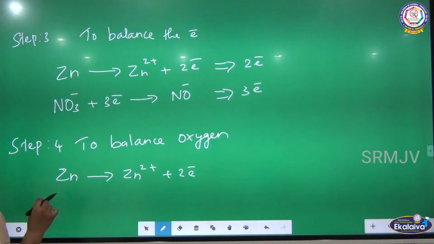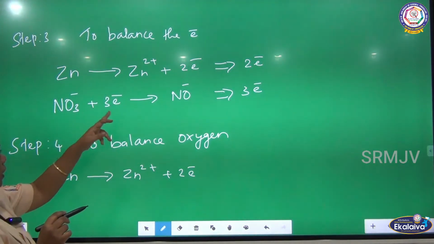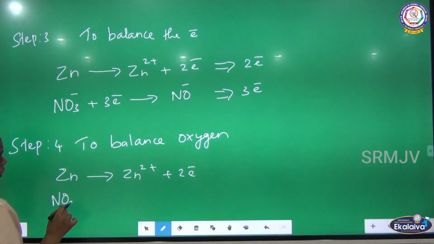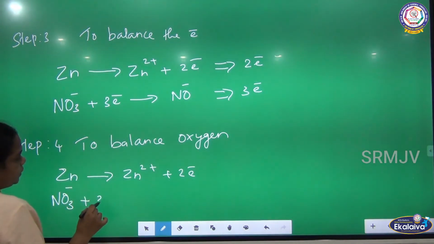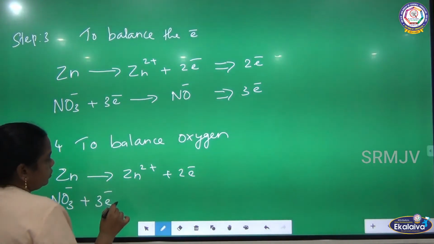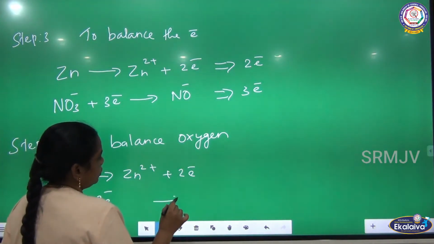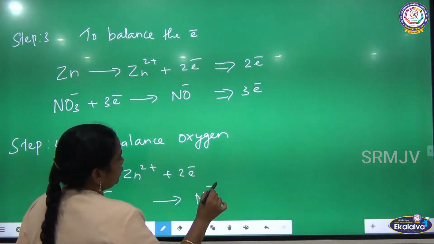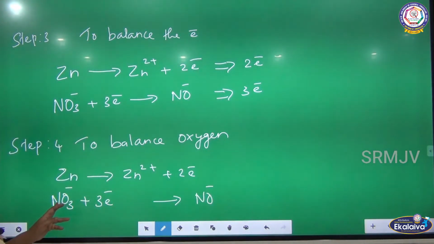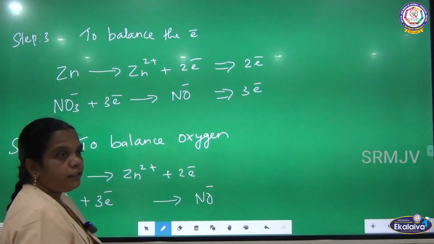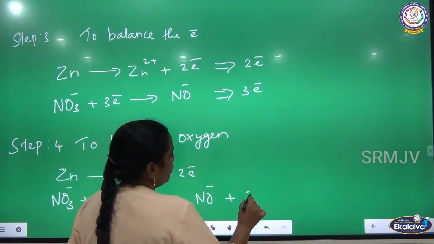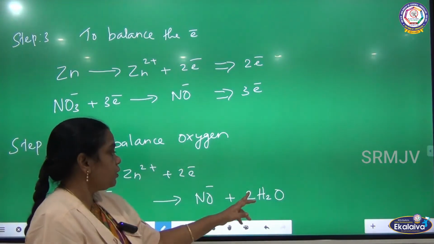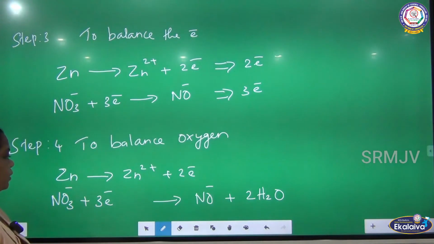And next, now you want to balance this side 3 and here only 1. So NO3 minus plus 3 electrons gives NO. Now you want to add 2 more. So already 1 oxygen is there, so you want to add 2 water molecules. So now what is balanced? 2 oxygen plus 1, 3. 3 oxygen is balanced.